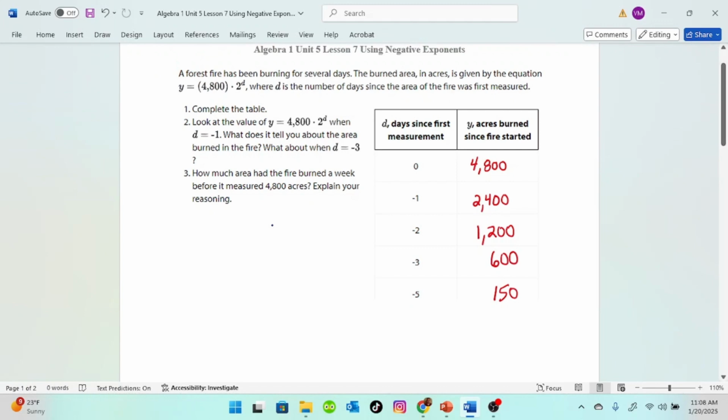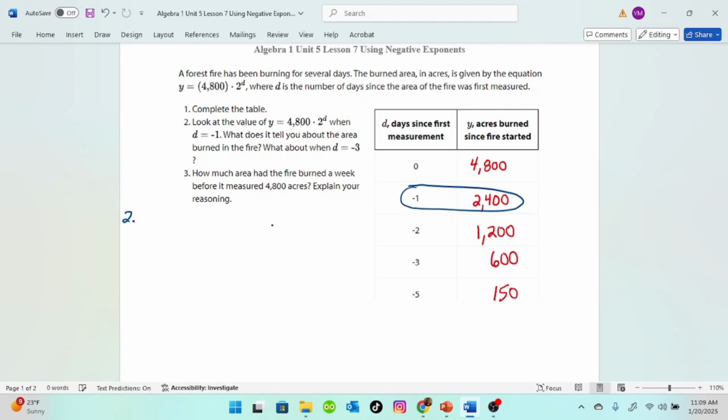Number 2, look at the value of y equals 4,800 times 2 to the power of d when d equals -1. So we're looking at this row right here. What does it tell you about the area burned in the fire?